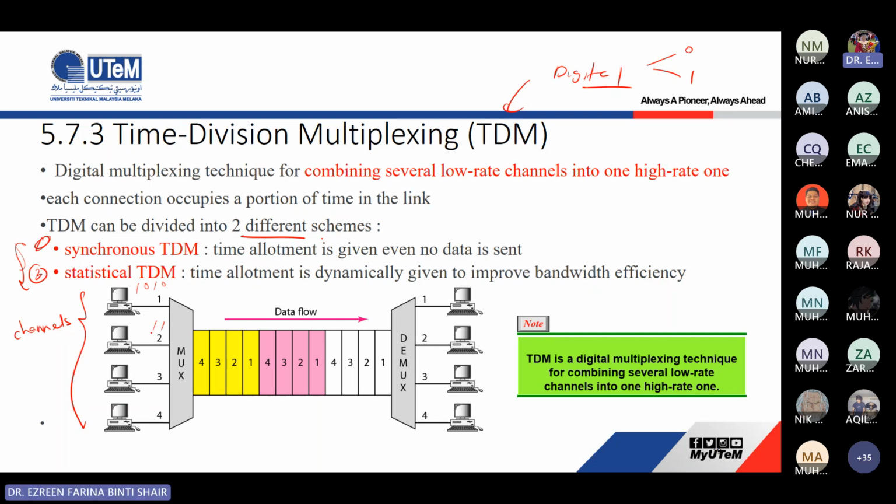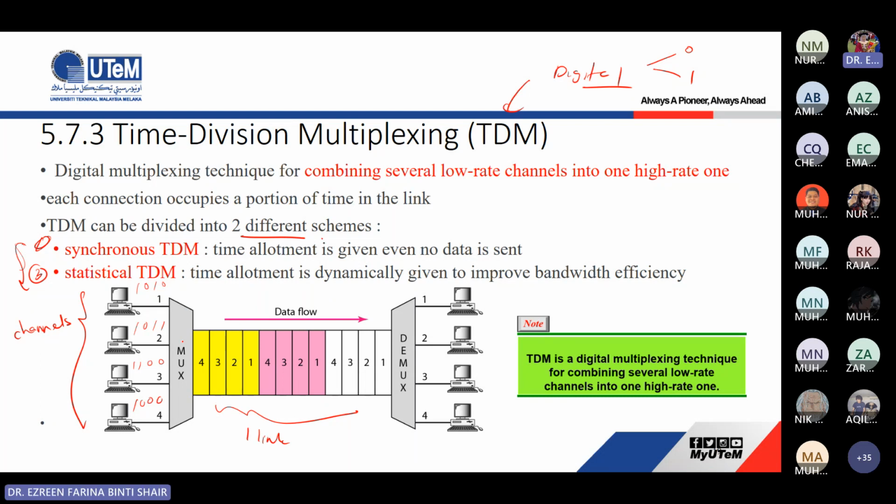Same as this one, you have 1, 1, 0, 1, 0, 0, 1, 1, 0, 0, 0, 1. You want to send this data in a single link, one link, so you need to have a multiplexer.